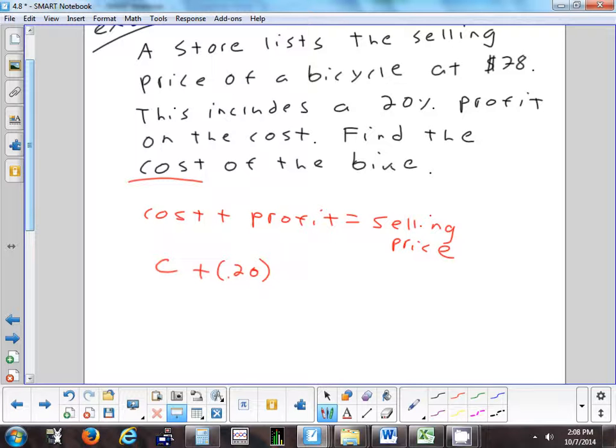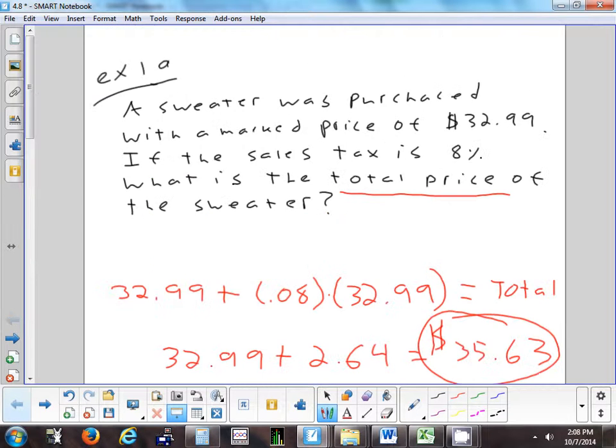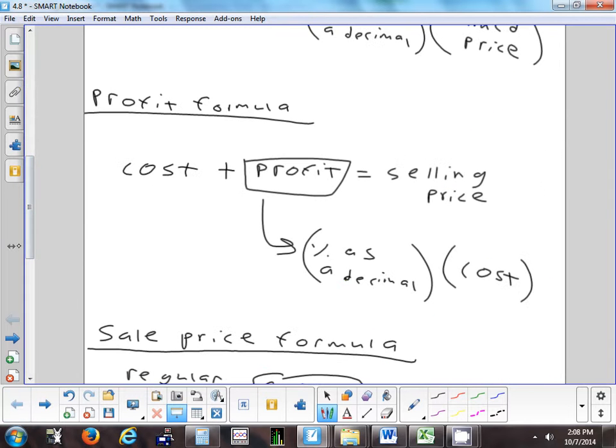And it's the percent times the, look at your formula, cost. What's the cost again? We don't have a number, but C. So that's my profit. Profit is percent times cost. Go back, look at your formula.